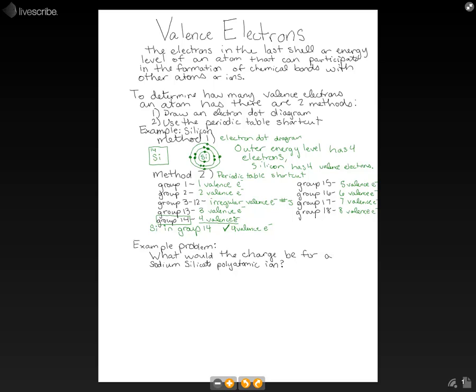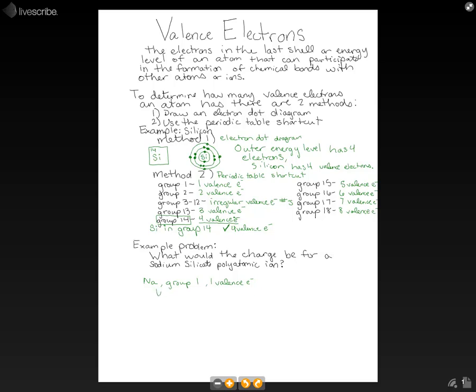What would the charge be for a sodium silicate polyatomic ion? First we need to determine what the charge would be on both of these ions separately. Sodium, Na, is in group 1, so we know it has one valence electron.